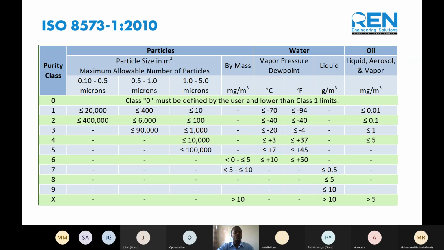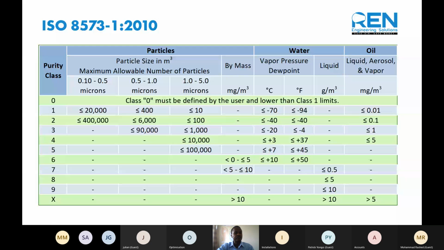Then, as you go to the right, the three main contaminants, particles, water, and oil, are listed on the first row. So what you find against each purity class is the limits in terms of contamination for your air to meet each purity class.